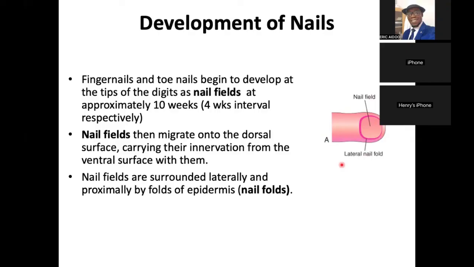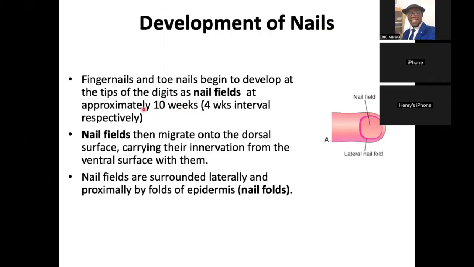Now, still with the skin, we can have nails. So fingernails and toenails begin to develop at the tips of the digits as nail fields at approximately the 10th week. And they do this at 4 weeks interval. So it means that if one is 6 weeks, the other will be 2 weeks. Okay.